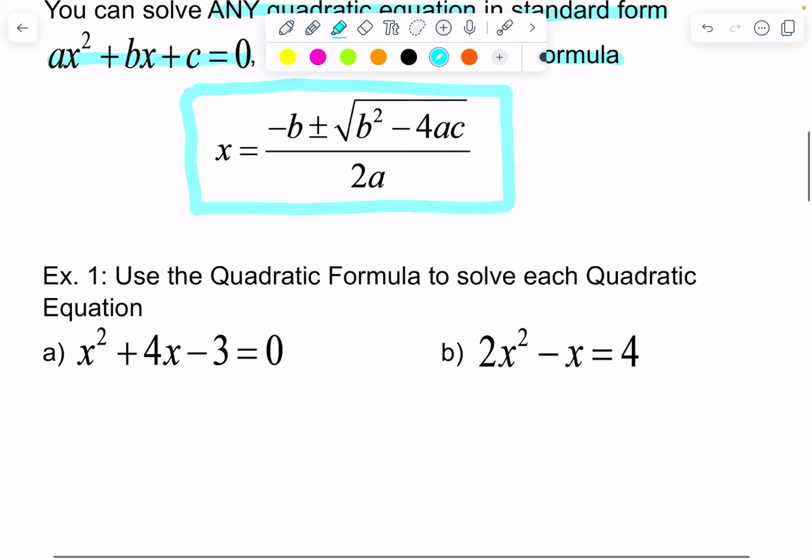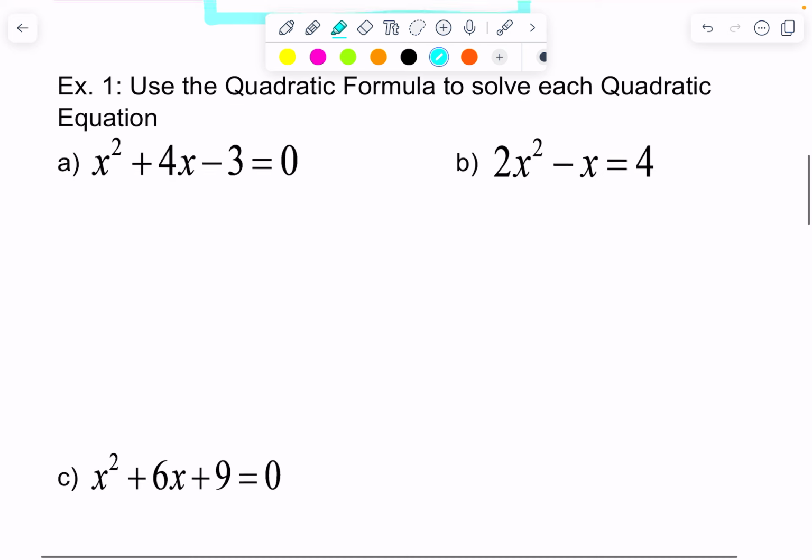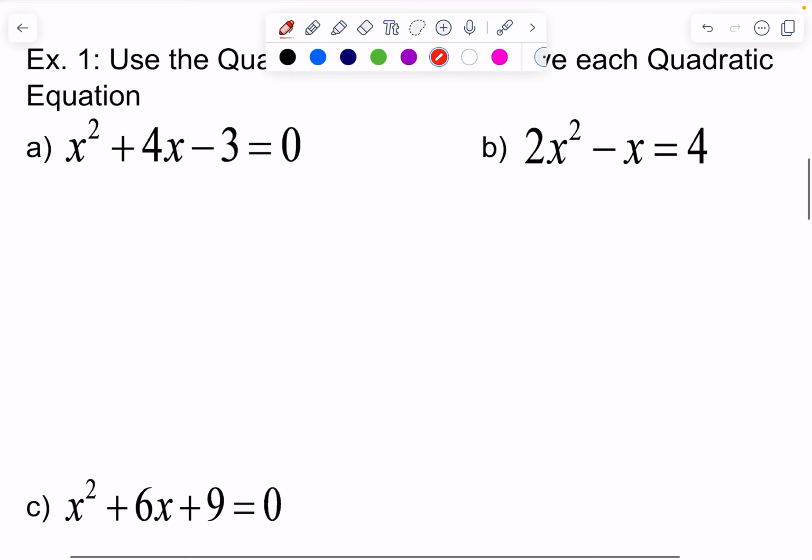So let's use it. Use the quadratic formula to solve each quadratic equation. So first things first, we always want to make sure that the given equation or function is in standard form. And for this first example, A, it is in standard form. Please remember always that whenever you don't have a number in front of a variable, there is an invisible coefficient of 1 there.